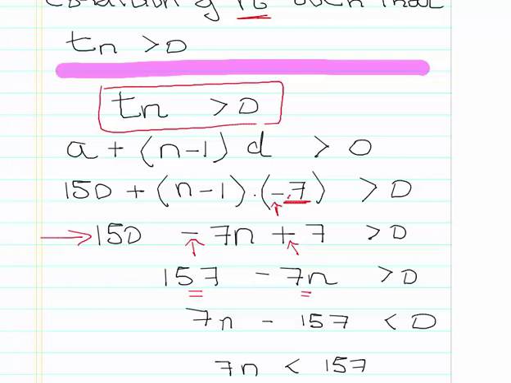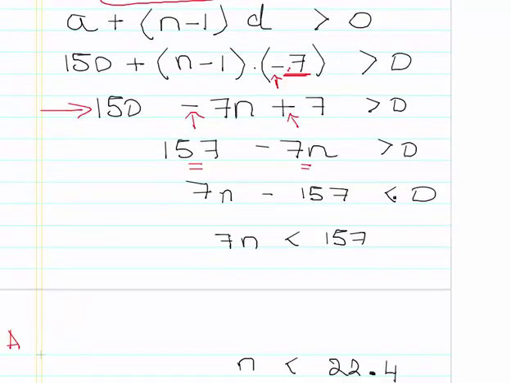So 157 minus 7n is greater than 0. What we're doing here is changing the sign, so we write everything in terms of 7n rather than minus 7n.